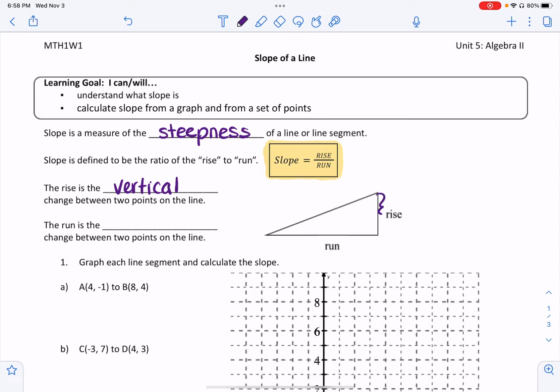So this part right here. And the run is the horizontal change between 2 points on a line. So once we find our rise and once we find our run, we can use this formula right here to find the slope of the line. So let's do some practice.